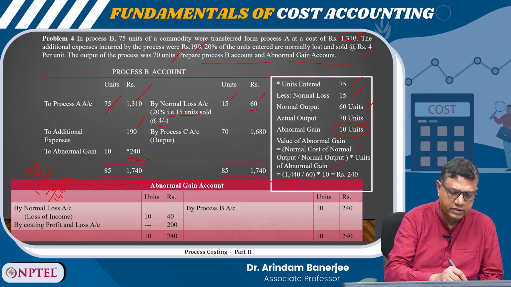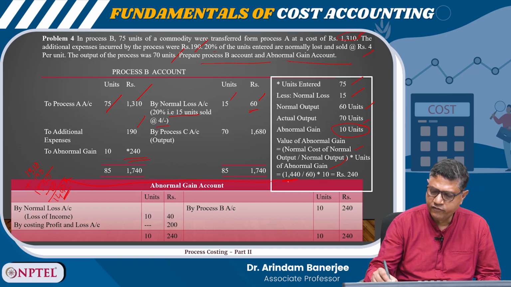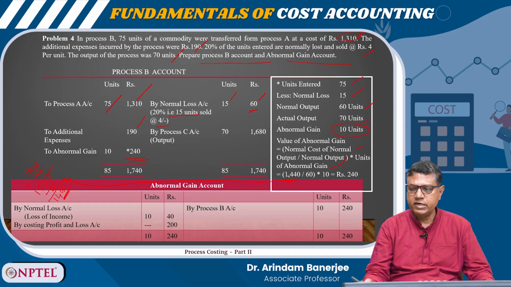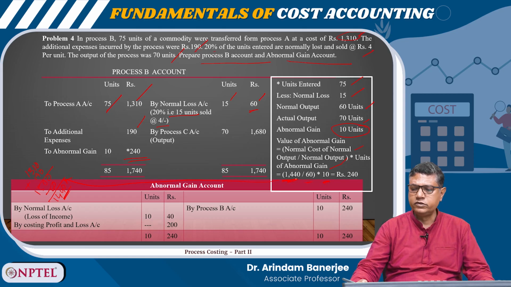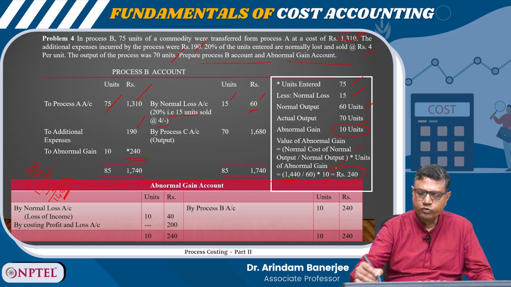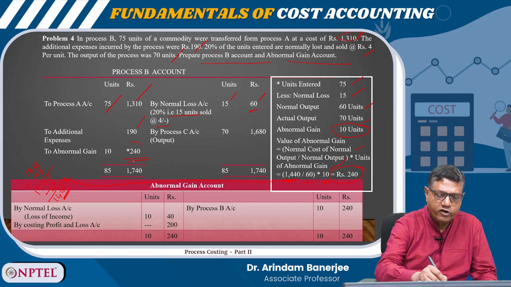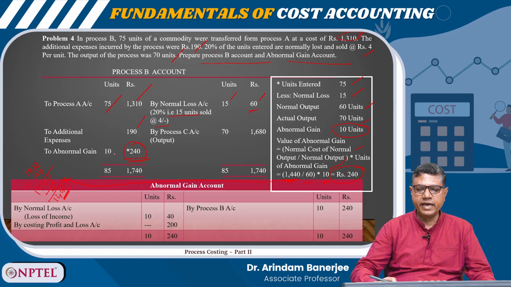And what is your units of abnormal gain? It is 10, and normal output is 60. So, 1440 divided by 60 into 10, it is coming to rupees 240. This 240 I am showing as an abnormal gain.